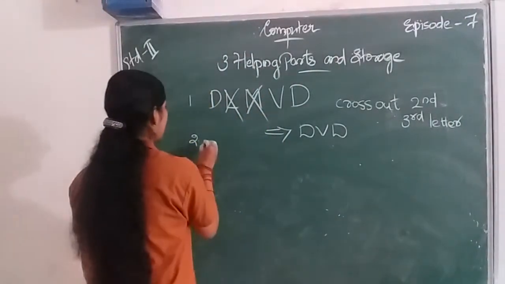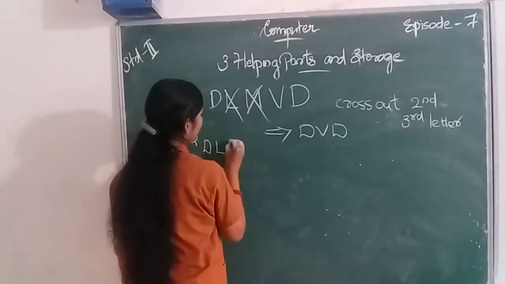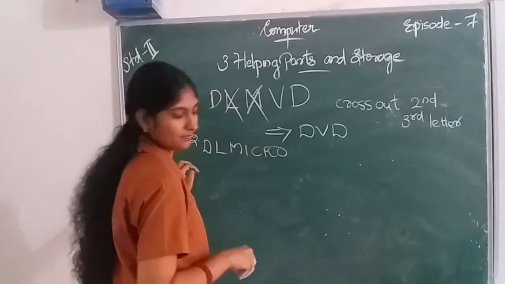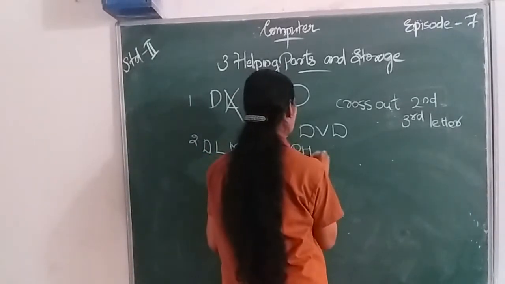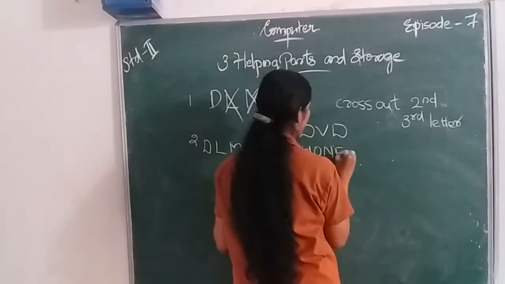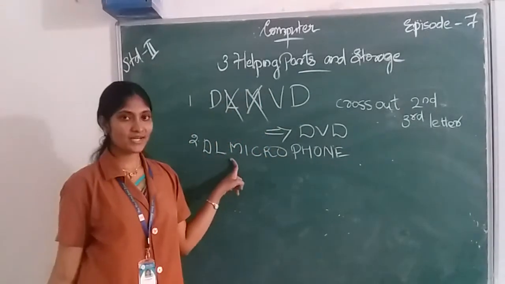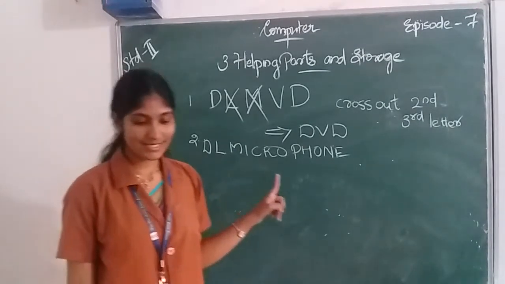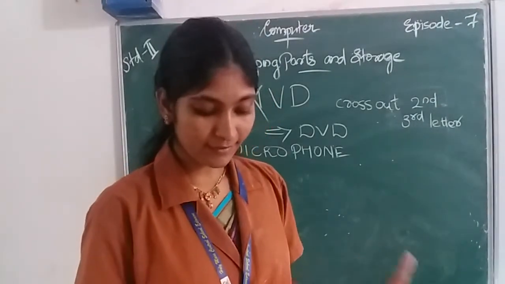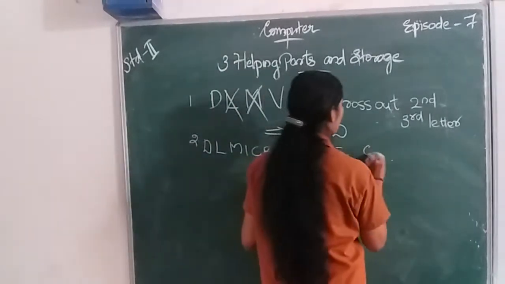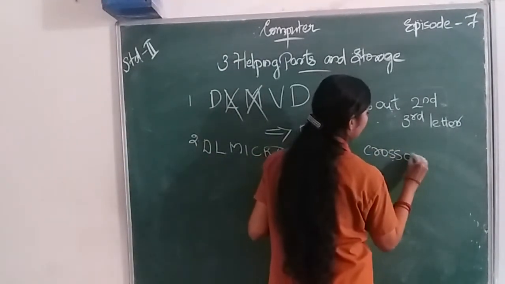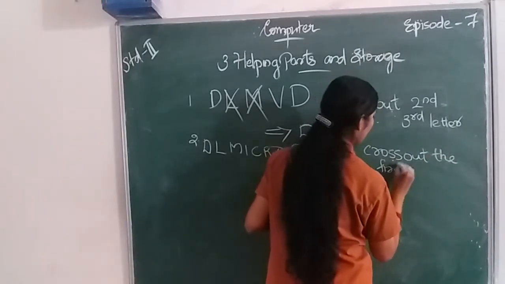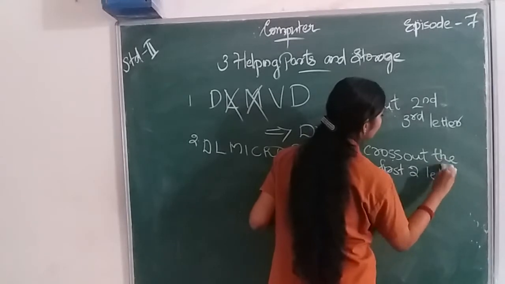DLMICROTHONE. So here you identify what is the word. The hint here is cross out the first two letters.